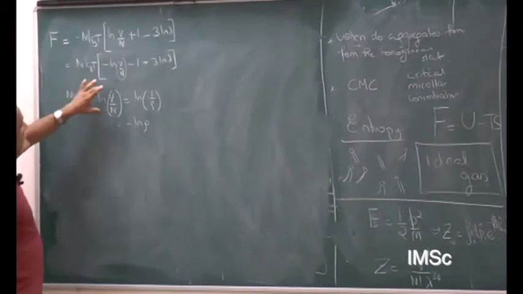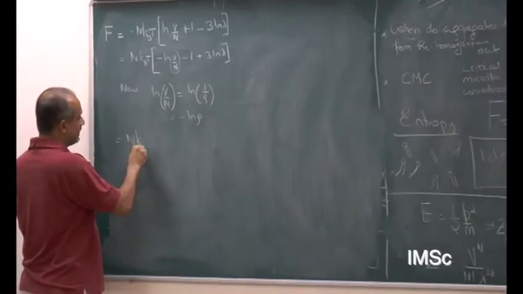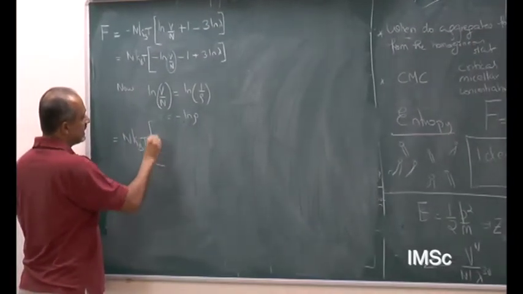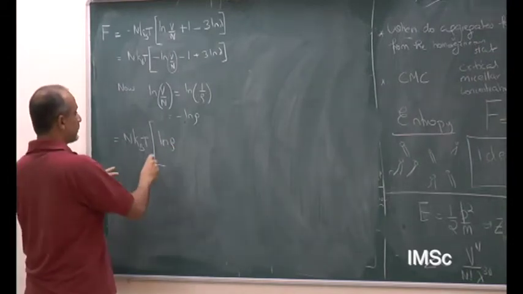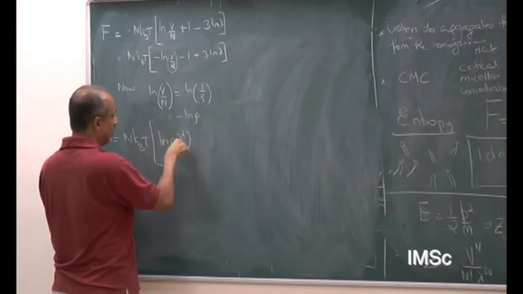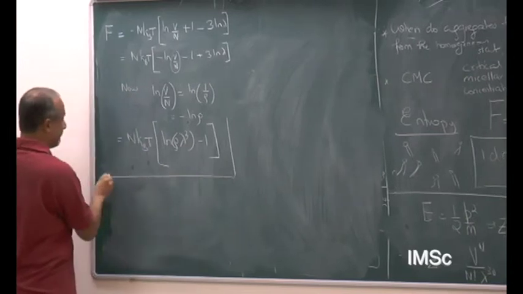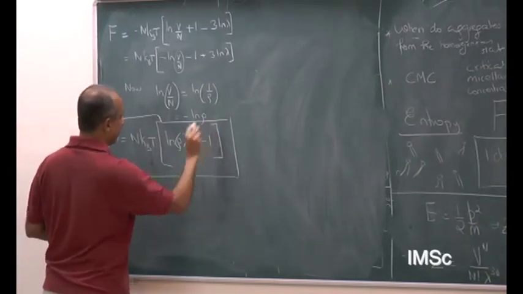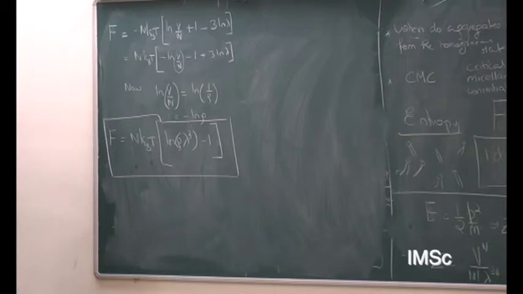Okay. So this term here is minus log rho, so this becomes n times kBT times log of rho. In fact, I can write this term as log of rho lambda cubed minus 1. So this is the free energy that we have here.